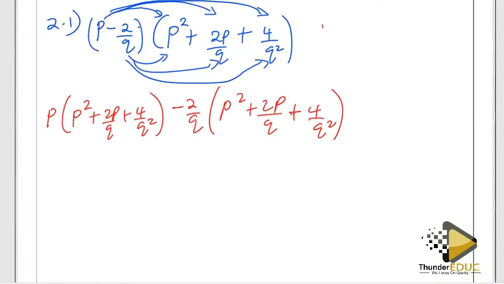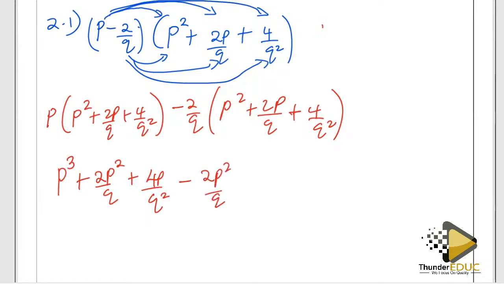Let's start. So this and that is going to be p cubed. And then this and that is going to give us 2p squared over q, plus 4p over q squared. We open this up, it's going to be negative 2p squared over q. This and that is going to be minus 4p over q squared.